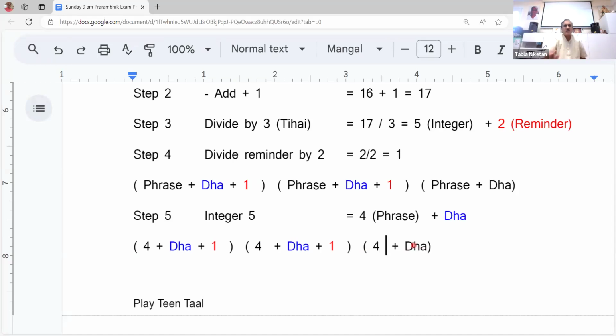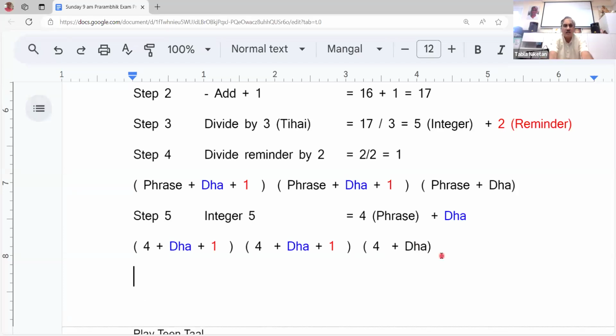Now, as a simple fun, which 4-bit phrase do you guys know? Anybody know any 4-bit phrase? Ishan, your mic is not working. Tera kita. Right, your mic is working. Wow, what a magic. Perfect. Tira kita. So what is the simple ti in tintal?